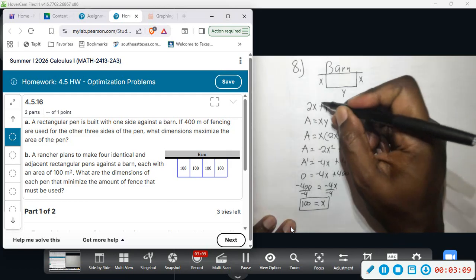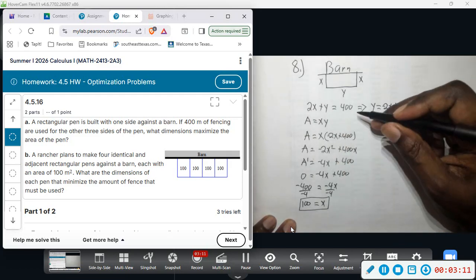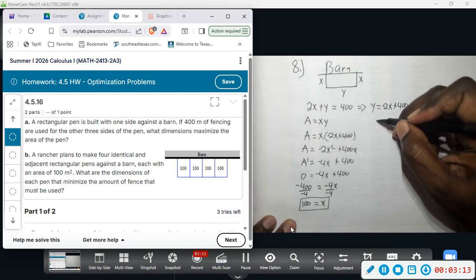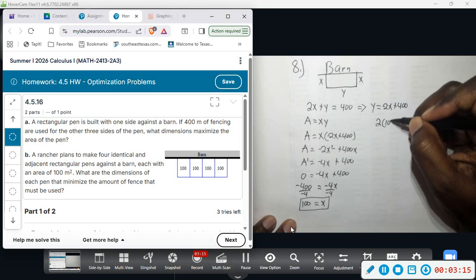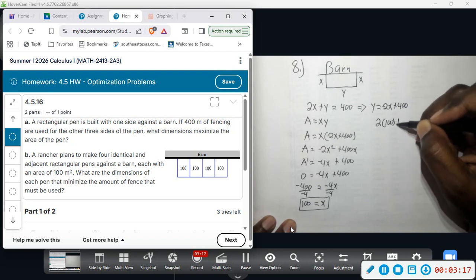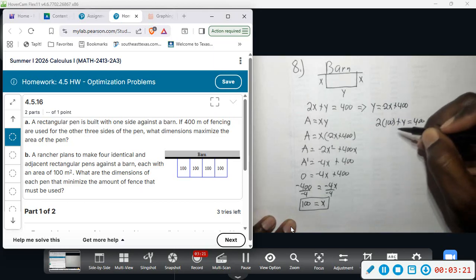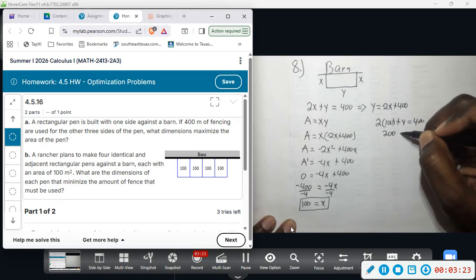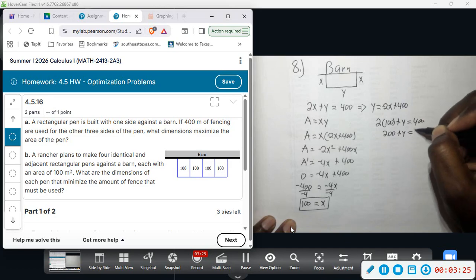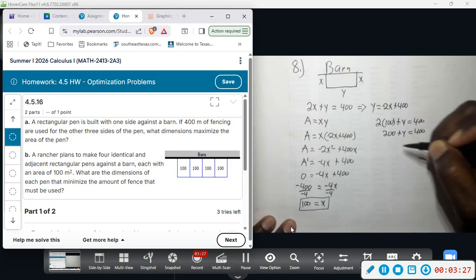We will plug that into our original constraint. So this is 2 times 100 plus y equals 400. And that will give me 200 plus y equals 400. Subtract 200 and we get y equals 200.